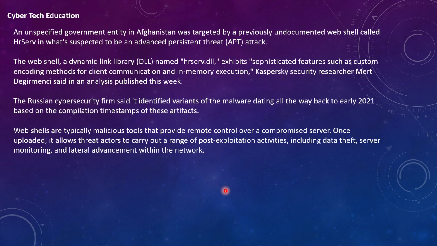Web shells are typically malicious tools that provide remote control over compromised servers. Once uploaded, they allow a threat actor to carry out a range of post-exploitation activities, including data theft, server monitoring, and lateral movement within the network.